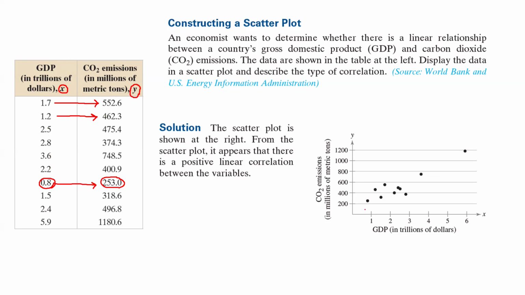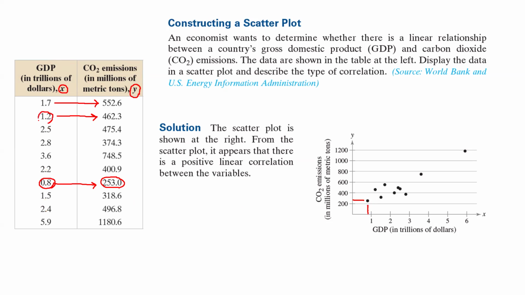So the very first dot, here you have 0.8, and here you have 253. If you match these two, you end up with the very first dot in your scatter plot here. The next point is 1.2.